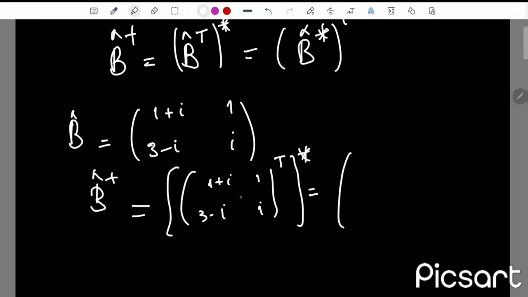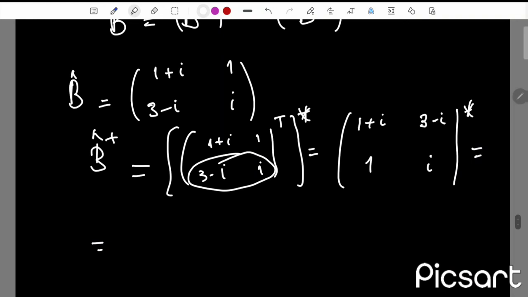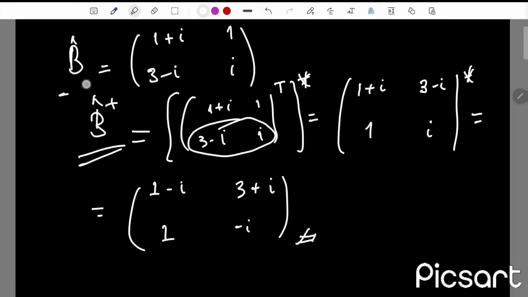The transpose: we transform this line into a column, and we have 1 plus I and 1, and also we transform this line into a column, and we have 3 minus 1 and I. Taking the complex conjugate of each element, we get 1 minus I, 3 plus I, 1, and minus I. This is actually the conjugate operator of B.